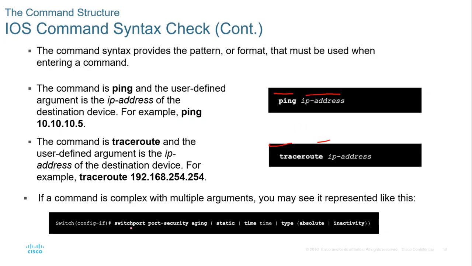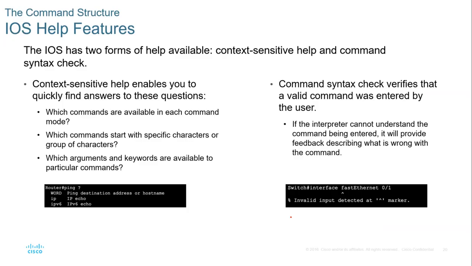The other statement here has the required keyword, switchport port-security, and then all these are optional, but there are cases where if you have A and B, for B to exist, A has to be there. So you cannot have B without A, something like that.